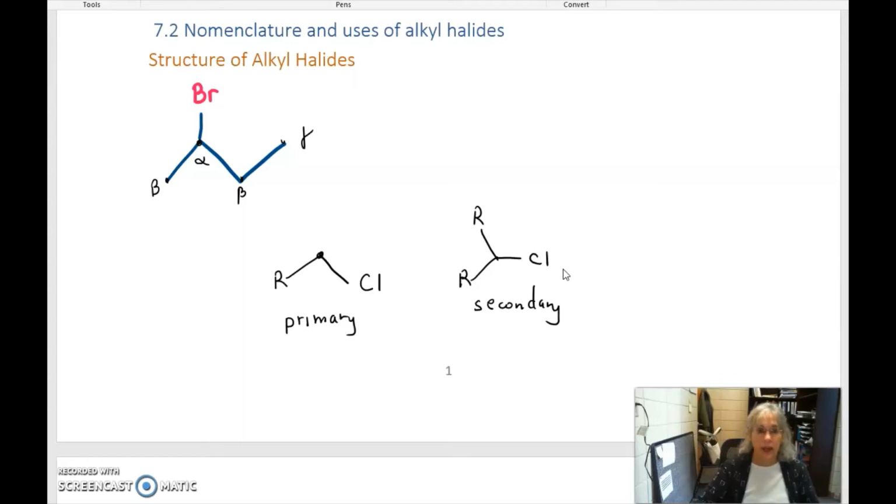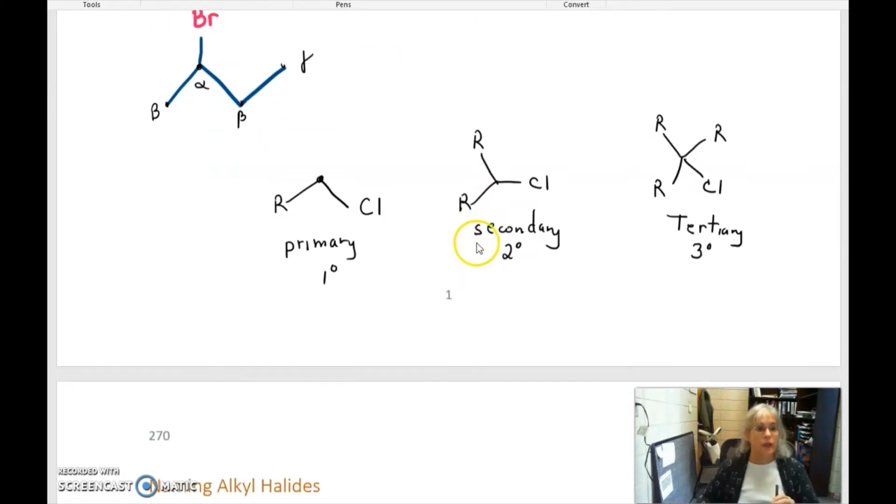And a tertiary has 3. And primary, sometimes designated this way, secondary and tertiary. You'll see both designations. Okay, so let's go and do some naming.